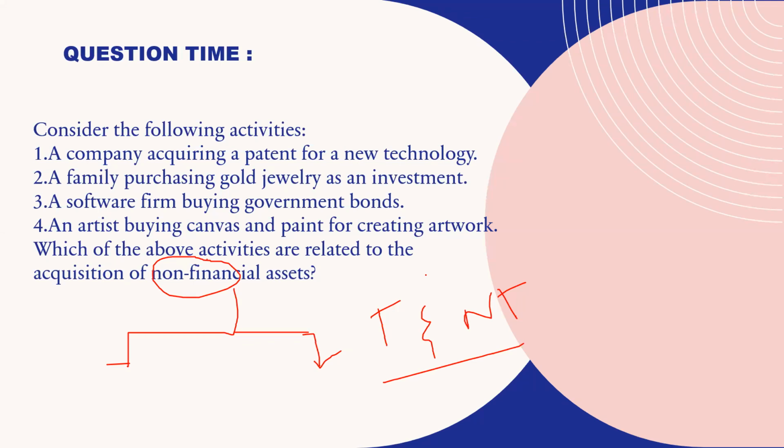Even the canvas also is a tangible asset. Whereas IPR, patent, is an intangible asset. So non-financial assets are both tangible and intangible, whereas a financial asset is a government bond.